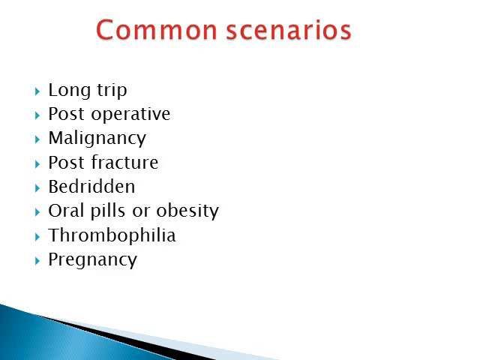There may also be some details about some risk factors of DVT or pulmonary embolism. So common scenarios include long trips. Usually you will find in the scenario that the patient presents after a long trip from Australia or from the United States, something like that, or from the Far East, or maybe post-operative or post-fracture, or there may be an underlying malignancy.